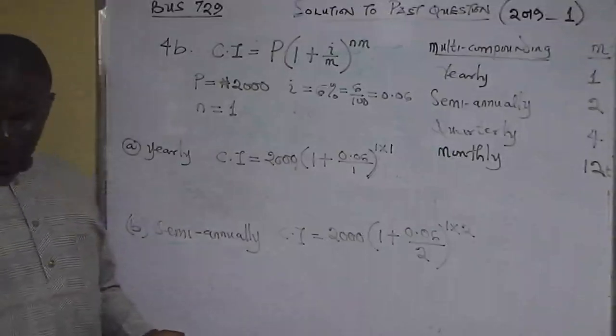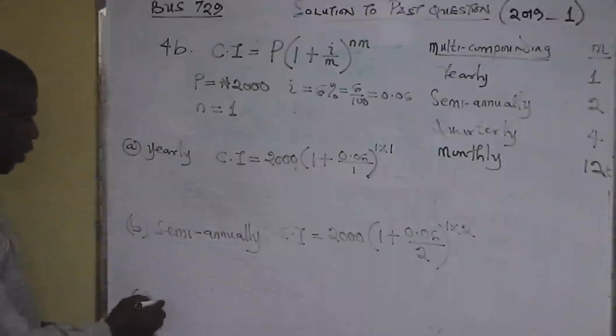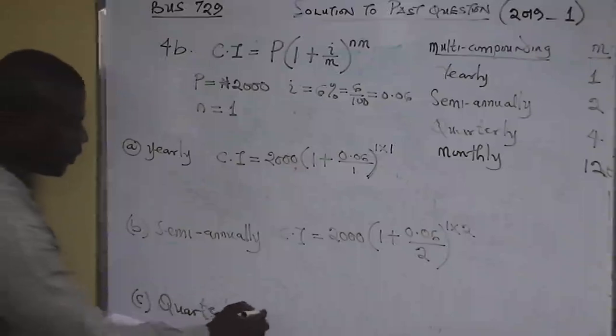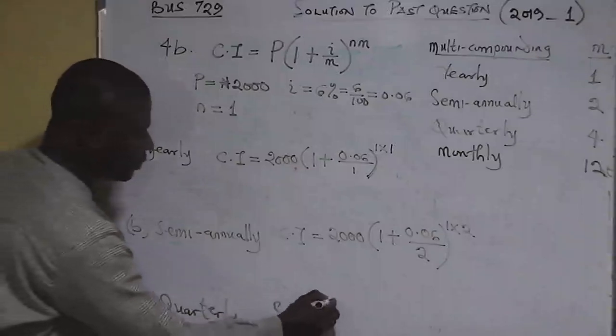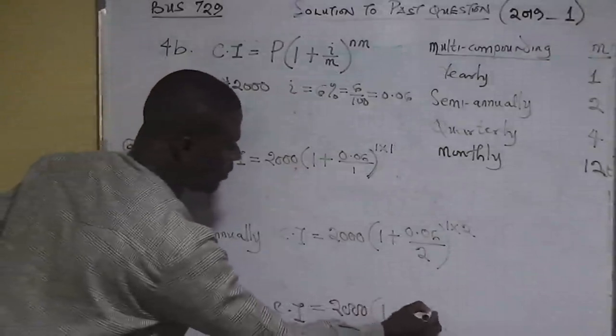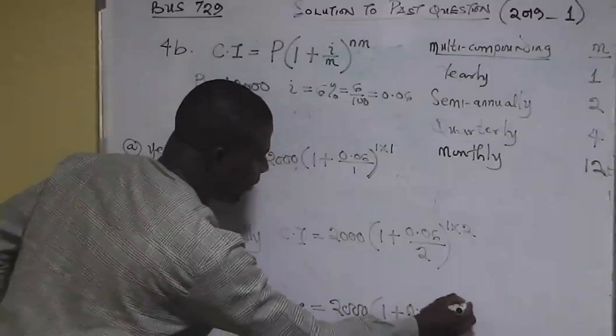And of course, if you are going to do it for quarterly, your compound interest is going to be 2,000 into 1 plus 0.06 over 4, into bracket 1 times 4.